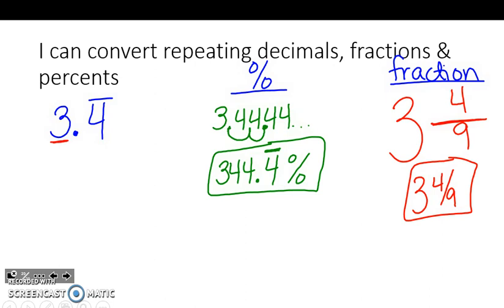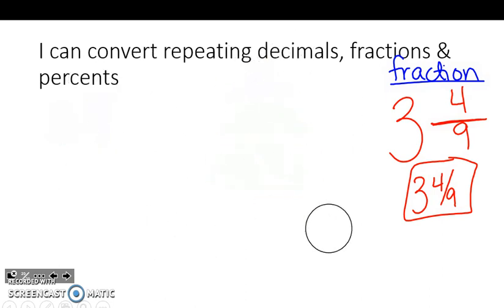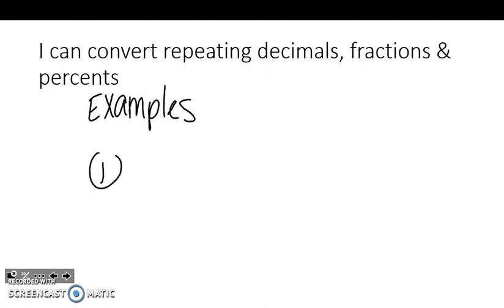Okay, so I'm going to give you 2 examples, kind of like I did in the last video, 2 examples that you have to work through and complete on your own. And then you need to come and show me those in order to get your notes signed off.